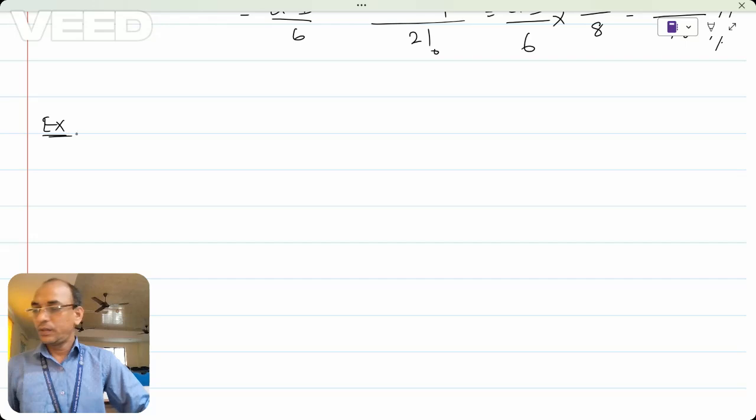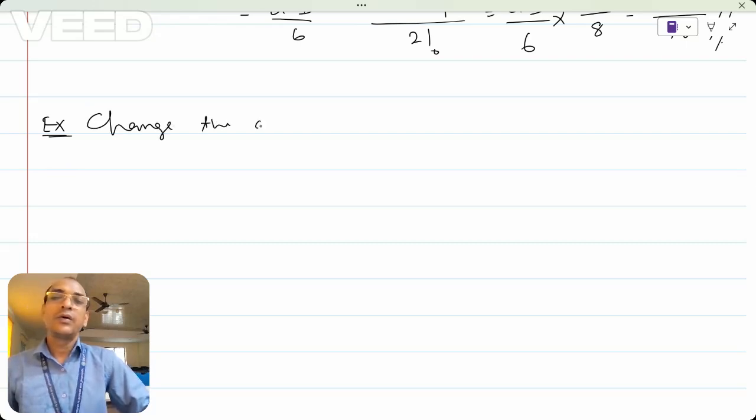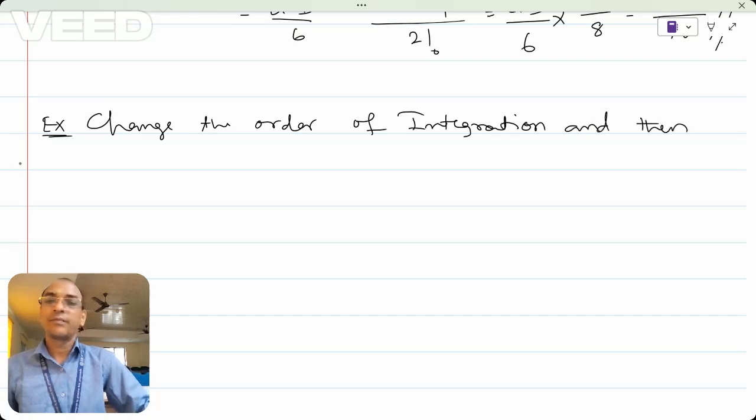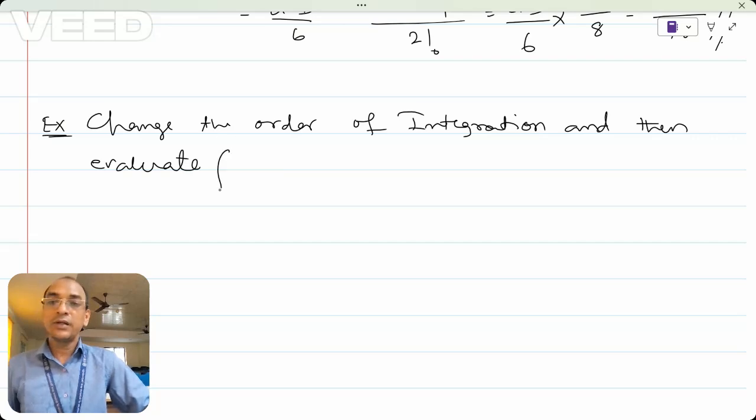Example: change the order of integration and then evaluate.